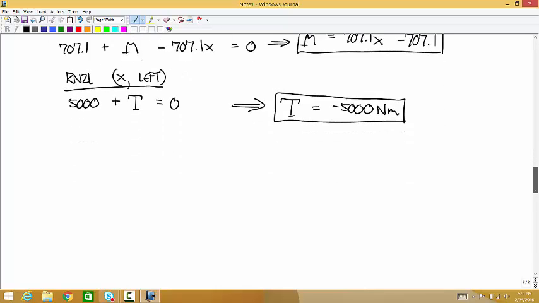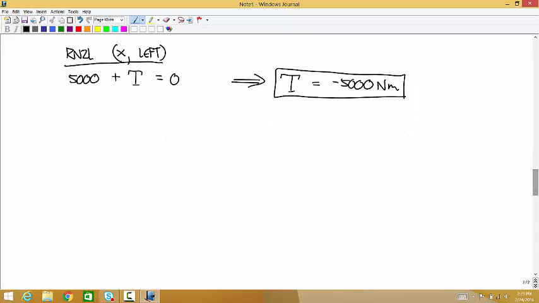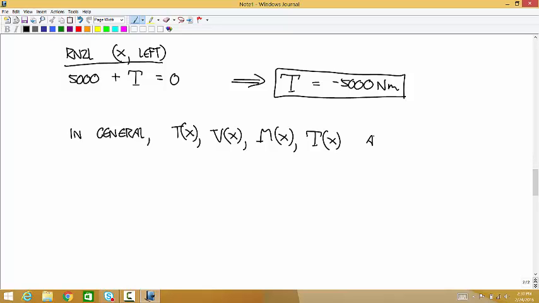In general, these are going to be piecewise functions. So in general, T of x, V of x, M of x, and torque of x are piecewise functions.